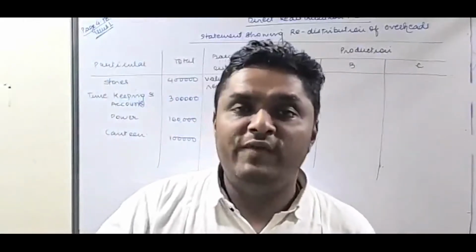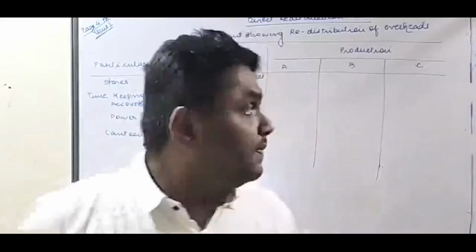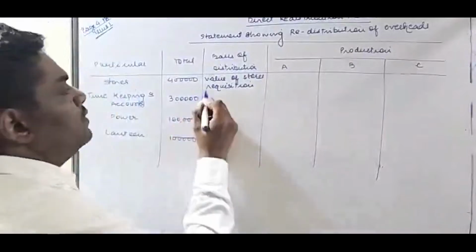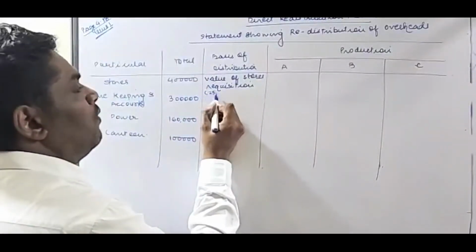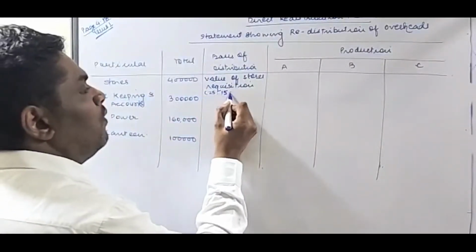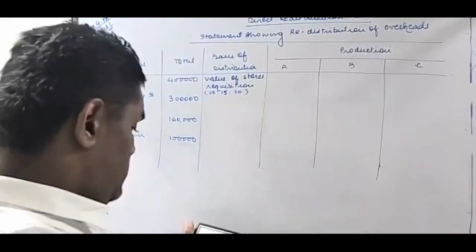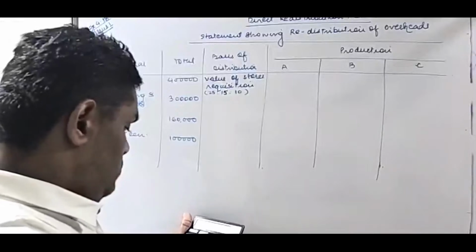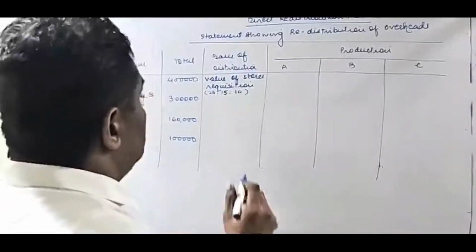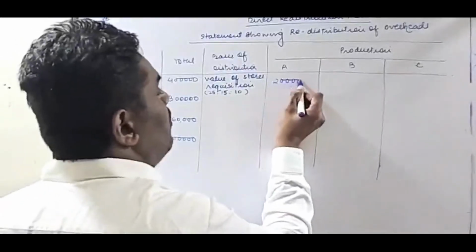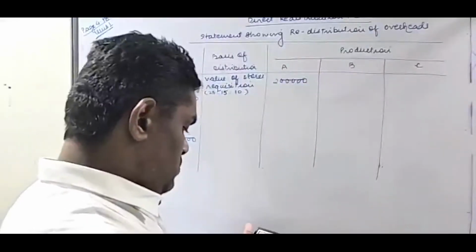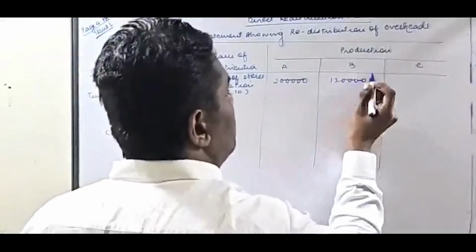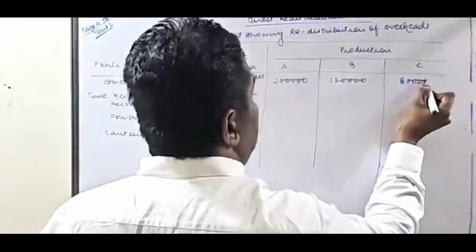So 25:15:10. So this will be 2 lakh, this will be 1,20,000, and this will be 80,000.